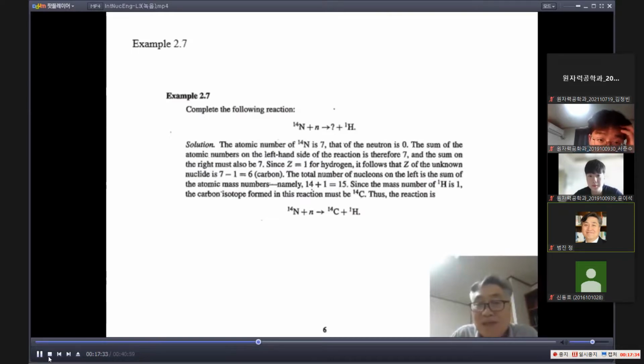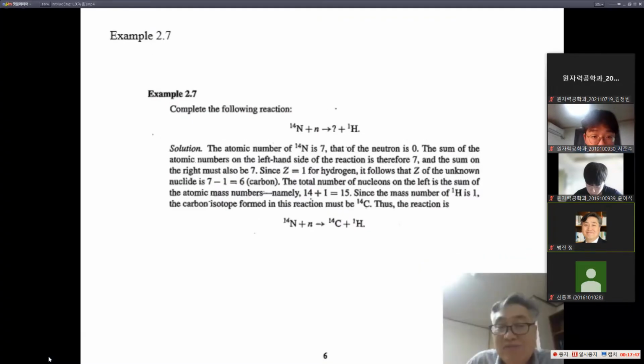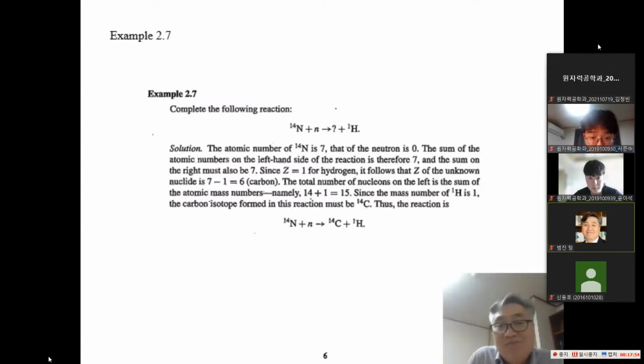So in the left-hand side the proton number is 7 and the neutron number is 8, because nitrogen 14 has 7 protons and 7 neutrons, plus n. So in the left-hand side we have 7 protons and 8 neutrons. In the right-hand side we have 1 proton.